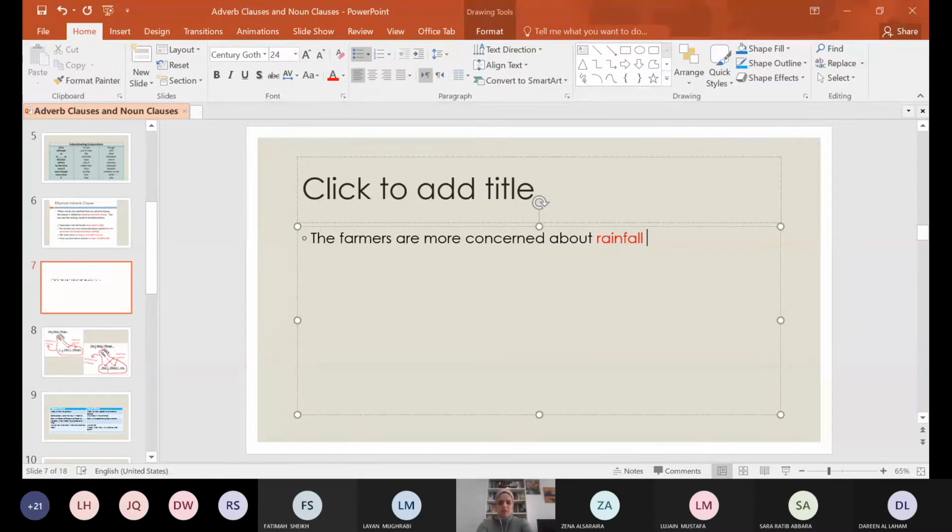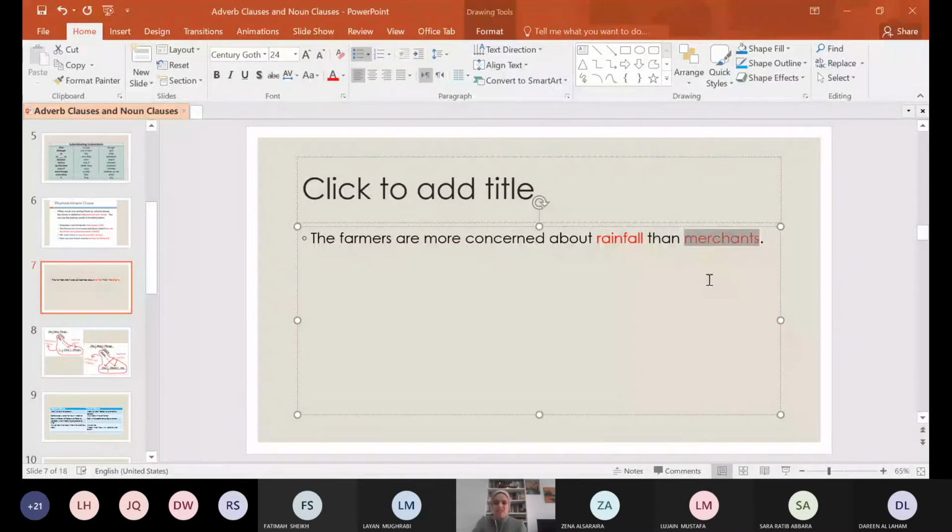Then merchants. The farmers are more concerned about rainfall than merchants. So the farmers, they care about two things, rainfall and merchants.